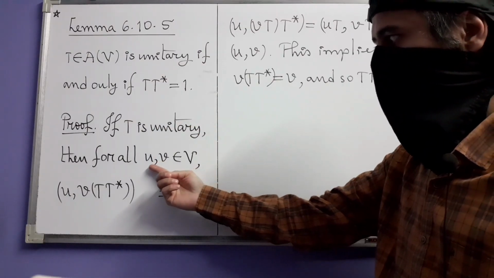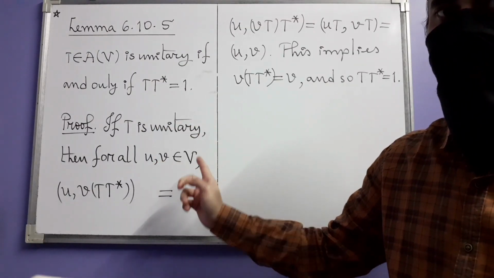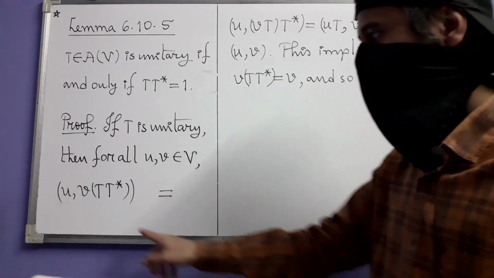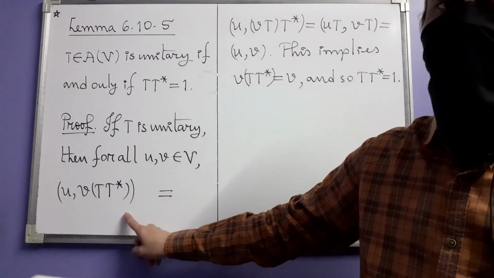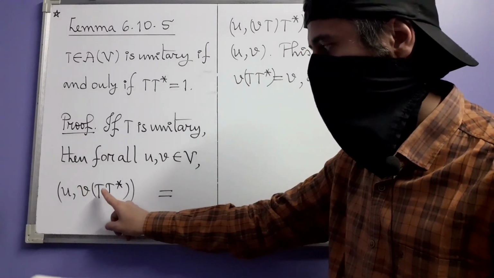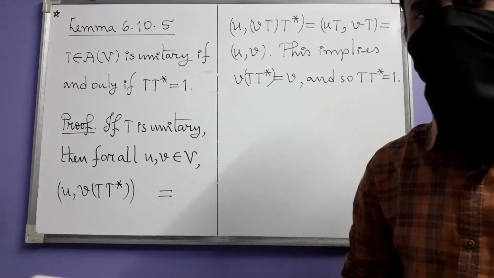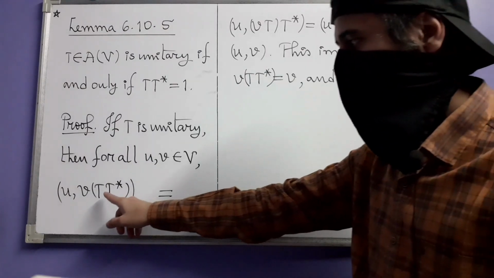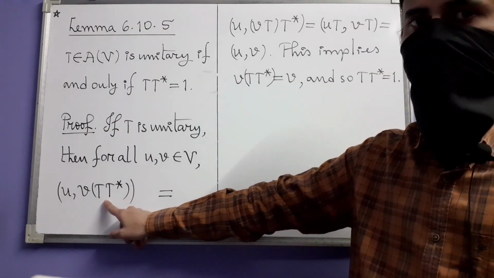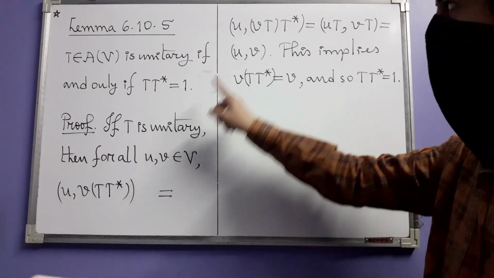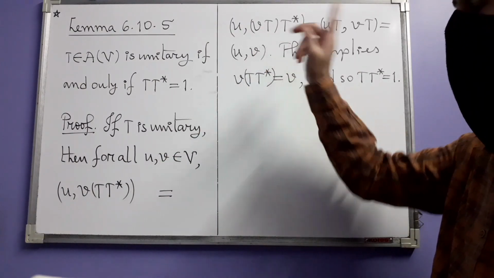Then for any two vectors u and v in our vector space V, we consider this inner product of u and the T star image of v. By the definition of product of two operators, T T star is T star.